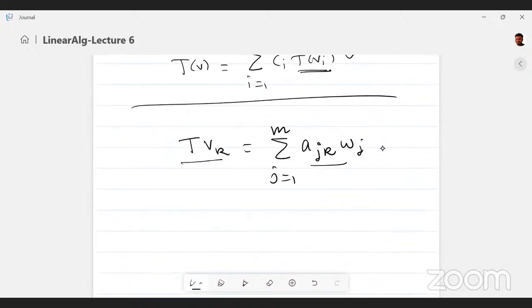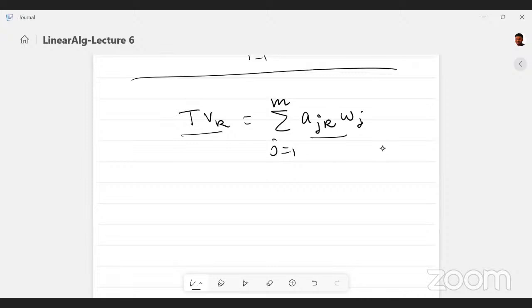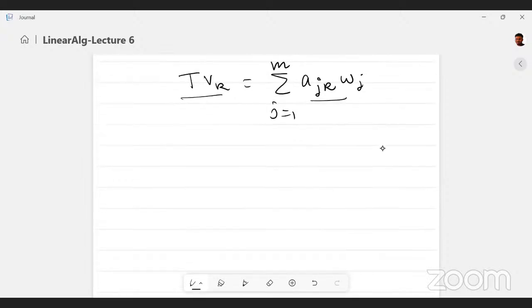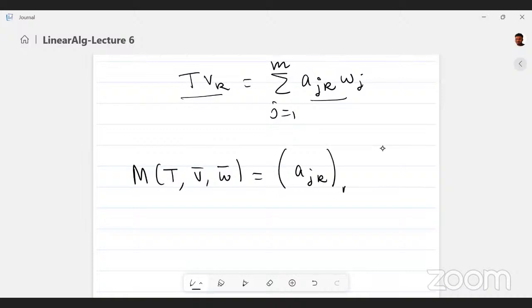So recording these Ajk amounts to recording what T is. That is what is defined as the matrix of T. So the matrix of T with respect to the bases V bar and W bar is given by this m by n matrix, which is defined to be these Ajk.